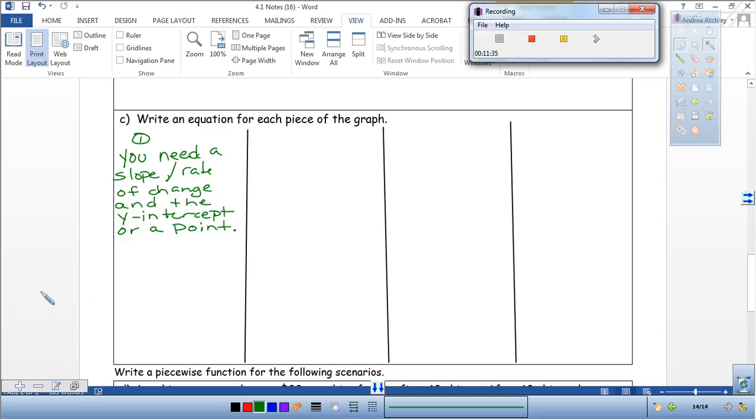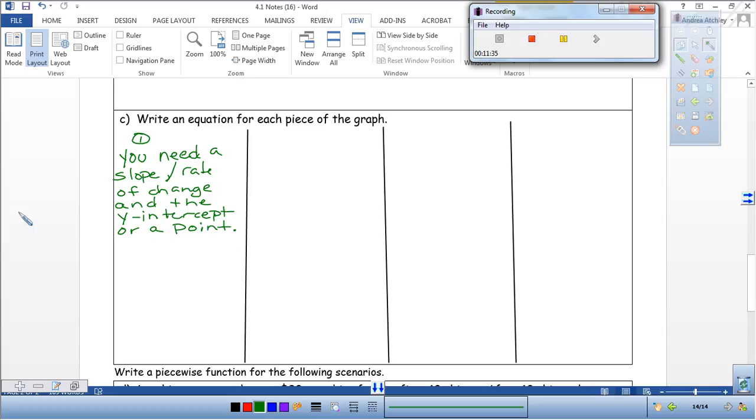Okay. You're not always going to be able to see the y-intercept, so if you can't see the y-intercept, find a point on that line. So you need a slope or a rate of change, and a y-intercept or a point.